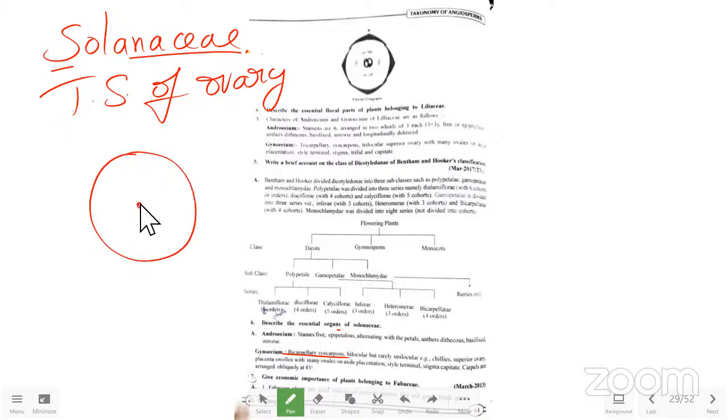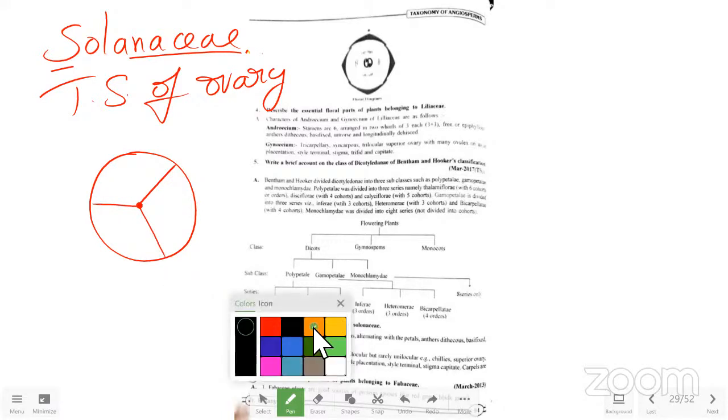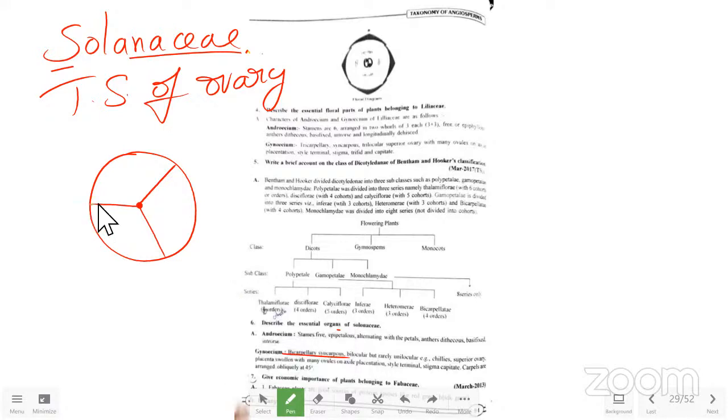Then this is the center point for the circle. Then because of the false septal wall, 3 locules can be seen now. Like this. And all the ovules are arranged in axile placentation on this swollen placenta.